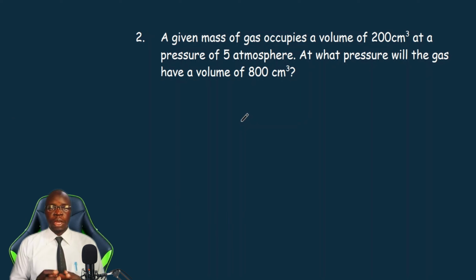So this time we're calculating for pressure. In question 1, we calculated for volume. Now let's again collect data from here. From the question, the first parameter that appears was the volume, and we have V equals 200 cubic centimeter.